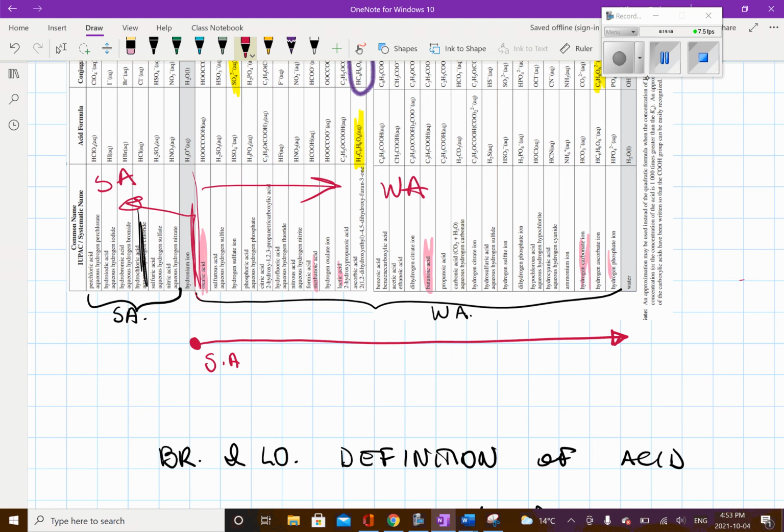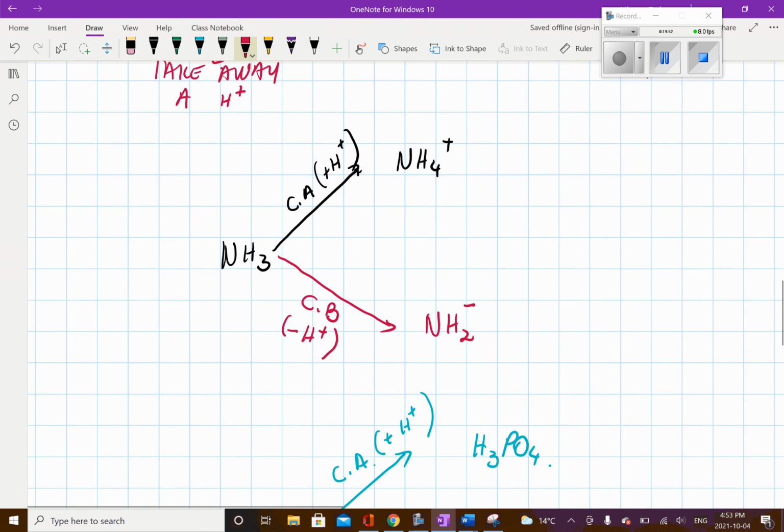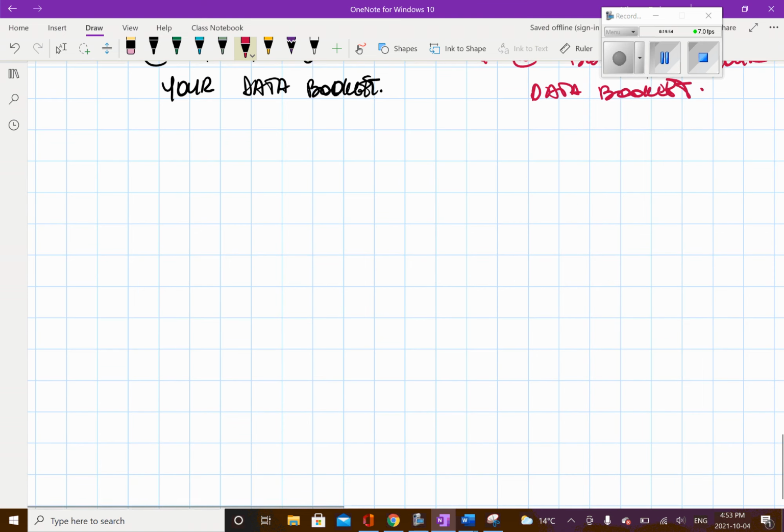One thing that will probably help you, not only in this course but even in other courses, is that acids that look the same but have more oxygen atoms are stronger.